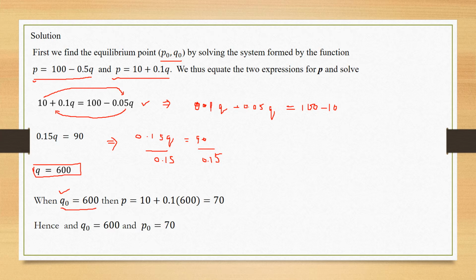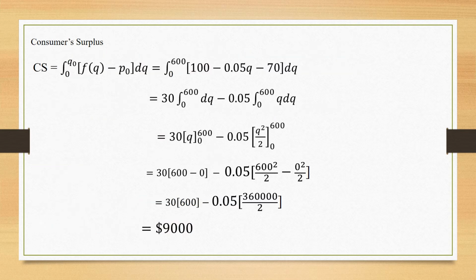Let's put Q = 600 in the supply equation: P = 10 + 0.1 times 600, so the final answer is 70. It means that Q naught is equal to 600 and P naught is equal to 70. So this is our equilibrium point, Q naught and P naught.